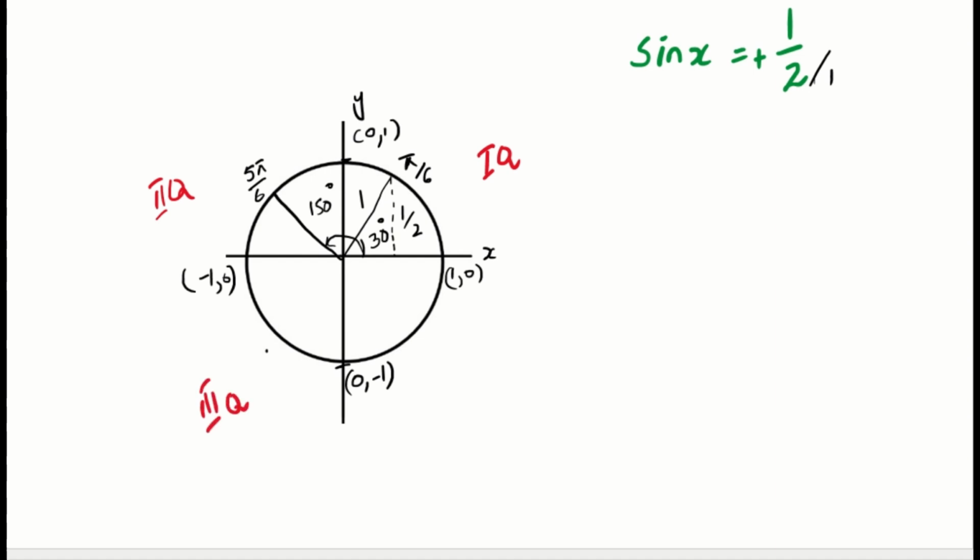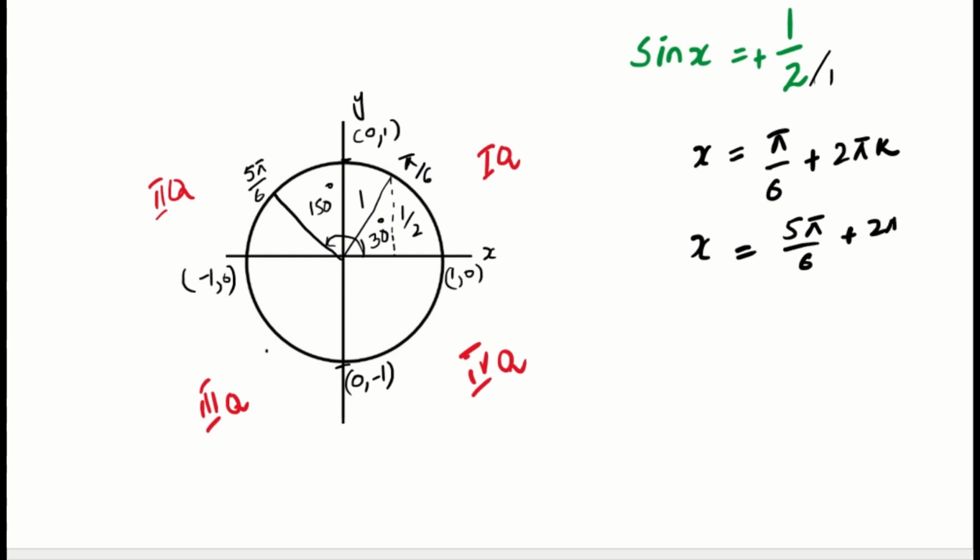So the value of x in the first and the second quadrant, above the plane, for the positive value of 1 by 2, we will write x is equal to pi by 6 plus 2 pi k, k is constant. Another value in the second quadrant above the plane is 5 pi over 6 plus 2 pi k.